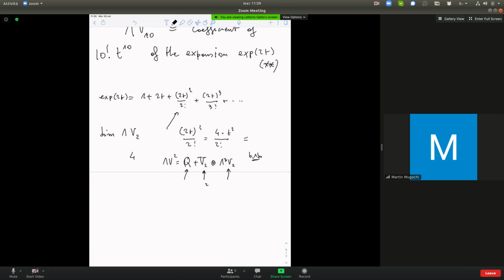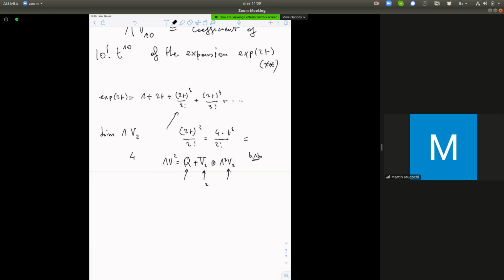And I'm going to do something very concrete with you now. I recall just an exercise, because if wedge V is an algebra, it means that we can perform products. I want to give you an example. For instance, compute B2 wedge B1 plus B3 wedge B4 plus B4 wedge B2.